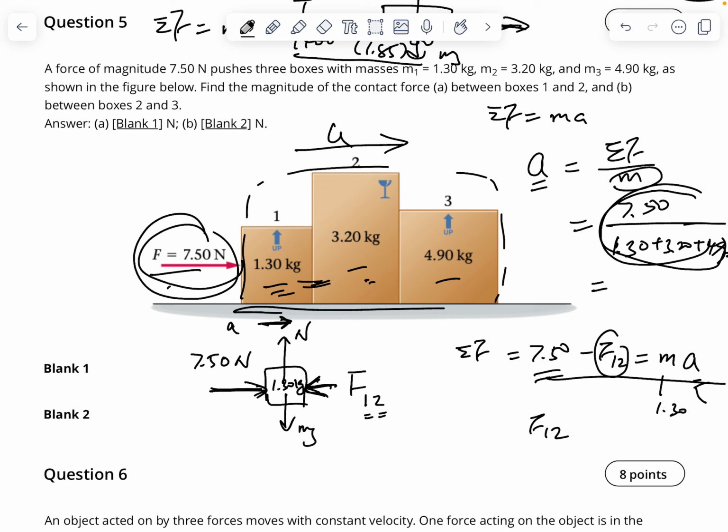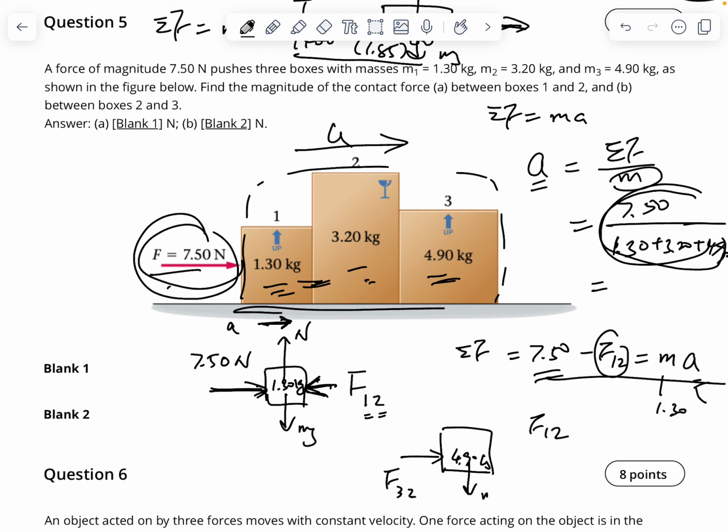All right. So same for the force between 2 and 3. In this case, you just look at object 3, 4.90 kg. In the free body diagram, there is the force on 3 from 2. That's the only force in the horizontal direction on object 3.